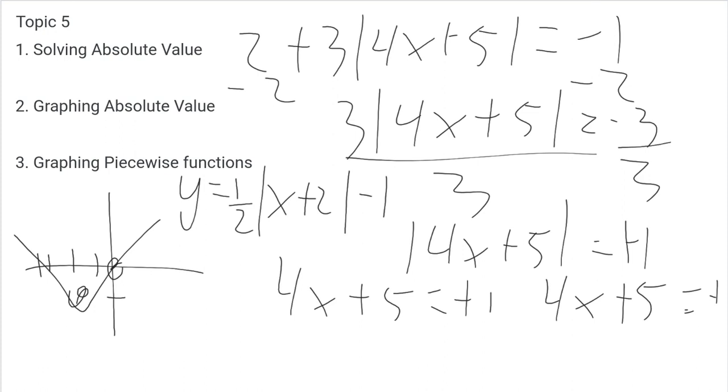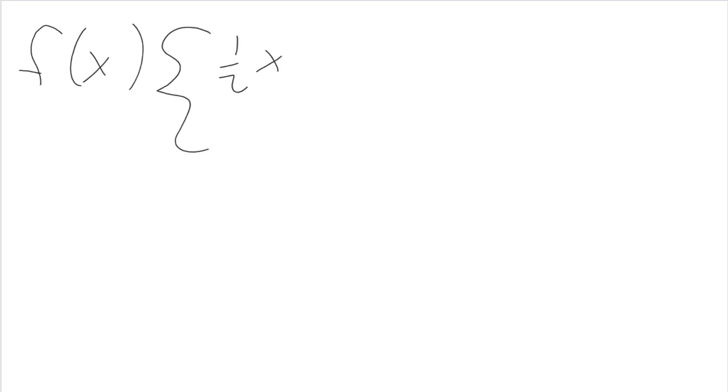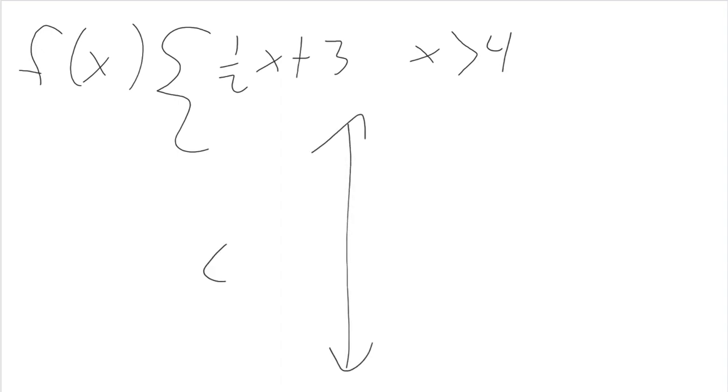And the last one for this is piecewise. So piecewise was when they said f of x is 1/2 x plus 3 when x is greater than 4. So that's where we graphed like normal.